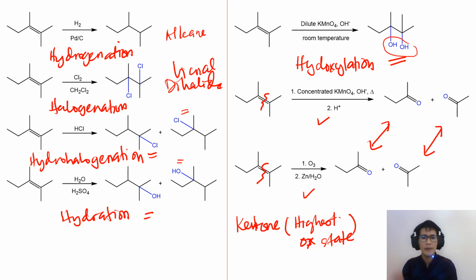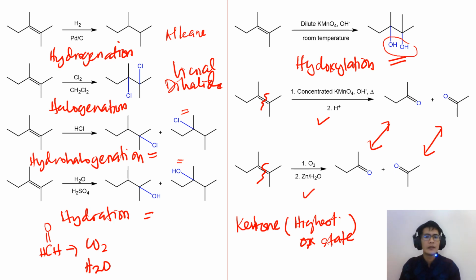Okay, remember, if you have the C double bond OHH, if you produce the methanal from the ozonolysis, then for the hot concentrated KMnO4, you will produce carbon dioxide and water, which is question number 1.